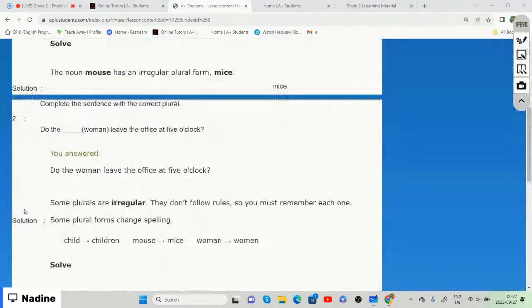Do the woman leave the office at 5 o'clock? Woman. So we need to look at the word that refers to more than one woman. So woman, so do the woman leave the office at 5 o'clock?